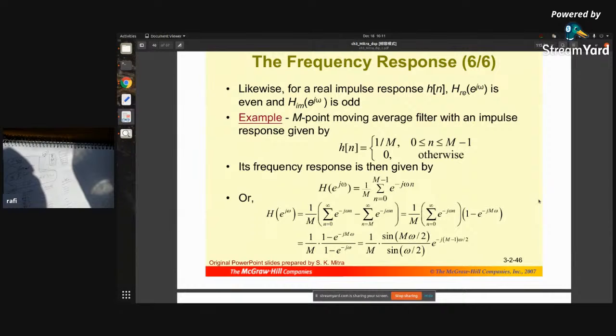Once you know h of n, if you find its DTFT, that will be your frequency response. For example, the moving average filter will have all ones, m number of samples. It is nothing but a rectangular pulse.